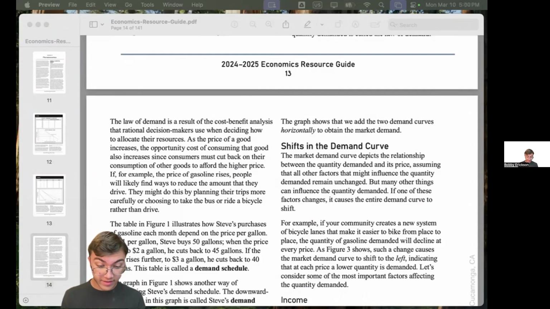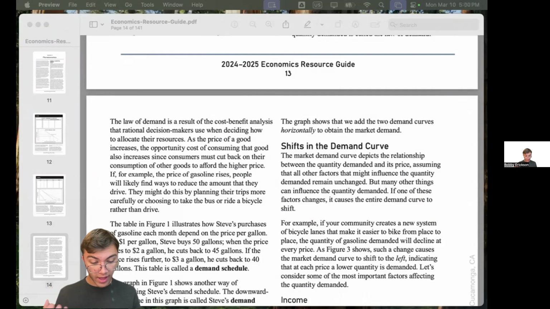If they see that the price of a good increases, then the opportunity cost, remember, it's the benefits you would get from the next best option to the one you choose, is going up as the price goes up.